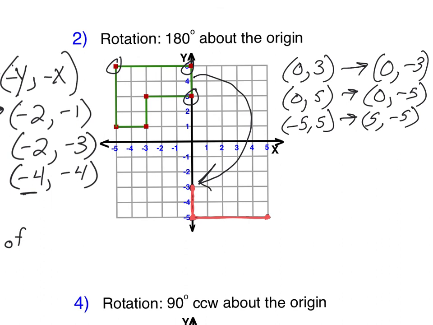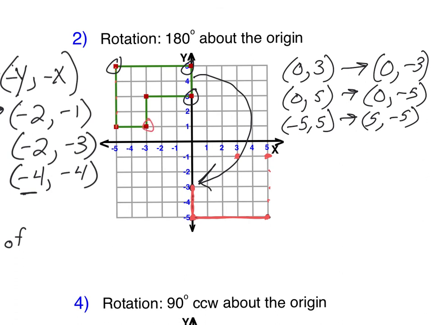Now, from that corner, we would drop 1, 2, 3, 4, but instead of dropping, we're going to go up 1, 2, 3, 4. That gives us our next corner. Then we would come to the right 2, but instead we're going to go to the left 2. That gives us that corner. We can check those coordinates.